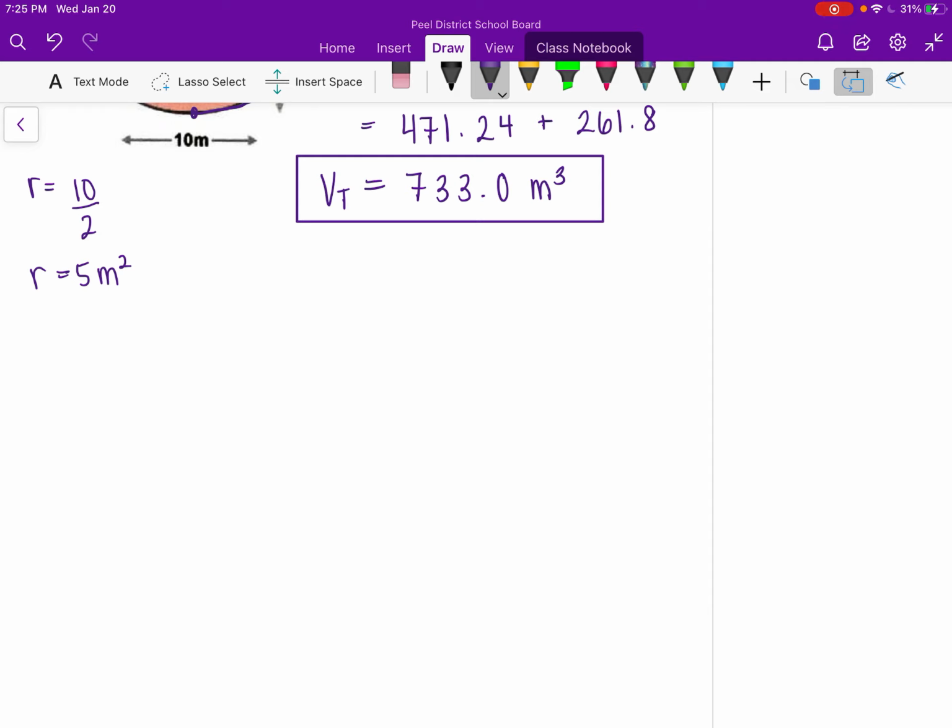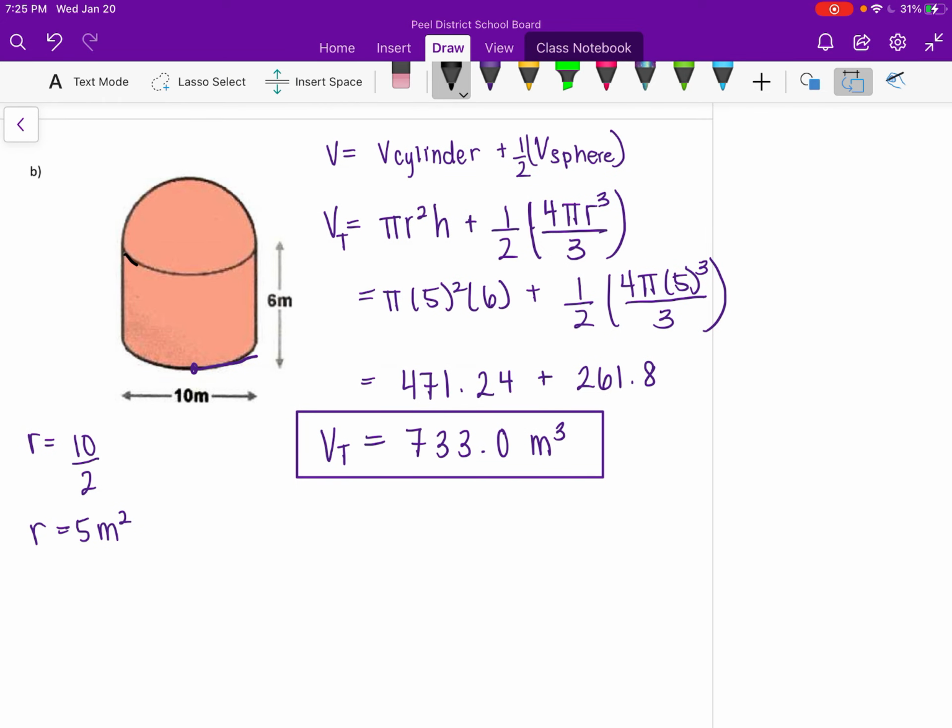So when you're finding the surface area of the cylinder, you're actually going to ignore this top portion, which means that you'll only have to find the surface area of the circle down here plus the lateral surface. So we're going to put that in.